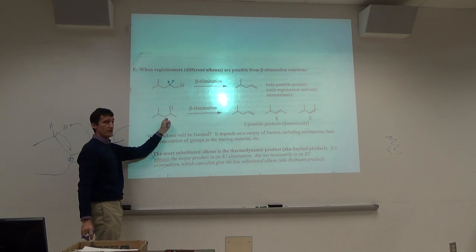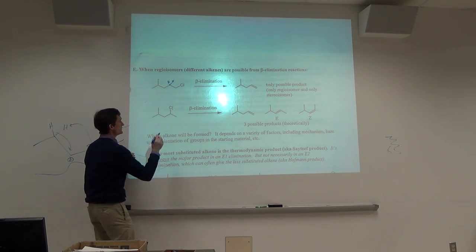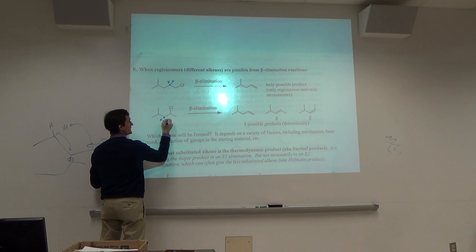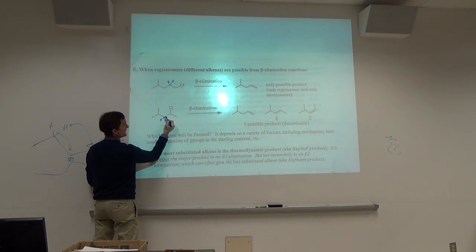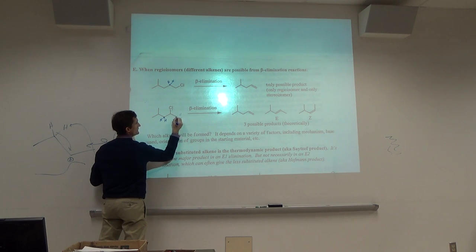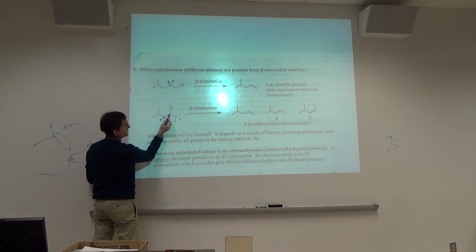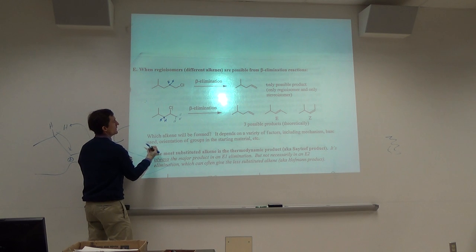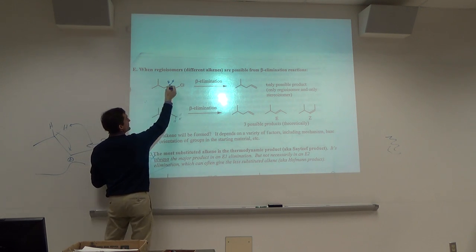You'll see down here that you have two types. I'll go ahead and show you. You have beta hydrogens here, so you can remove HCl and put the double bond over here. Or you have beta hydrogens here, and so you can put the double bond over there. But up here you can only put it right there.